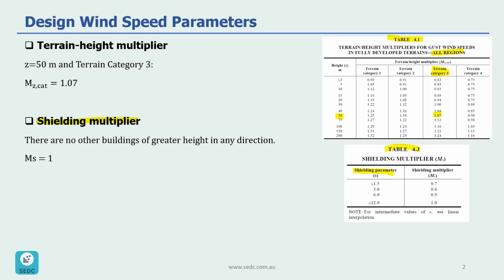Because in our case there is no other building of greater height in any direction, we can take the value of 1 for MS. Otherwise, we need to calculate these shielding parameters, but alternatively, we can be a little conservative and take the value of 1 as well. Again, we can use linear interpolation for intermediate values of S.